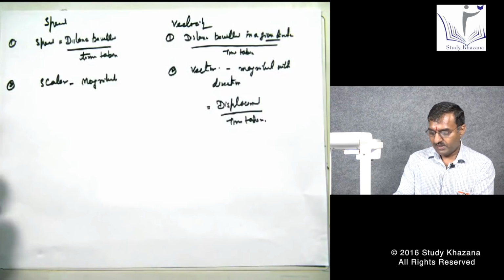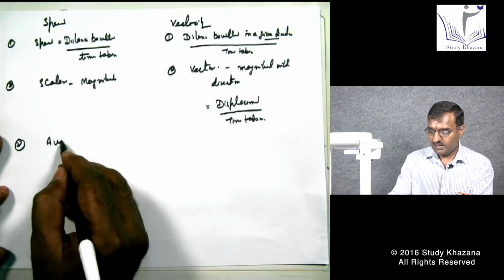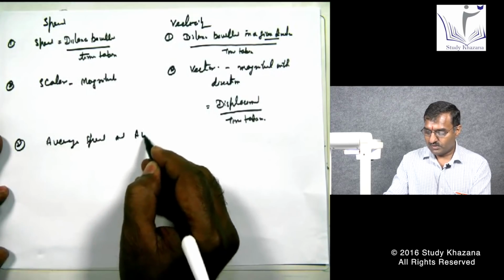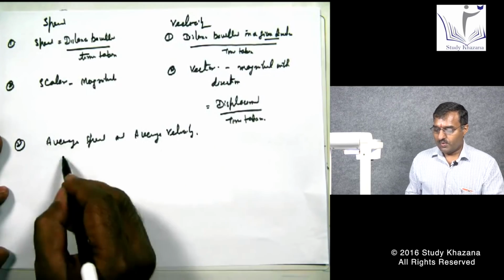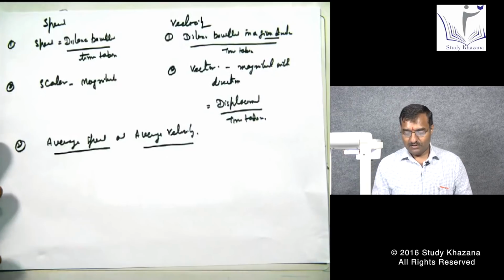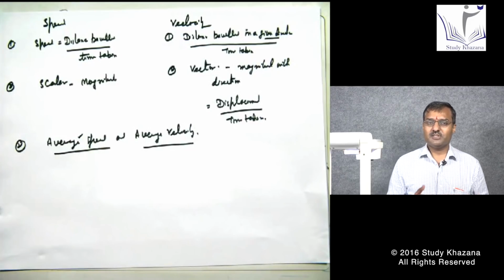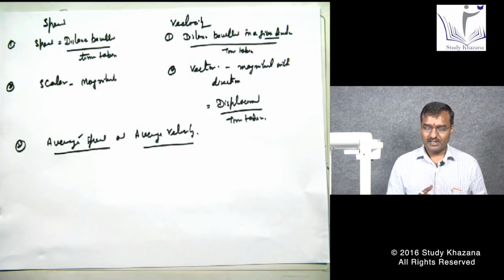Next comes average speed and average velocity. Now what is the meaning of average? Sometimes the motion is uniform, sometimes it is non-uniform, meaning sometimes the speed of an object is high and sometimes it is less.